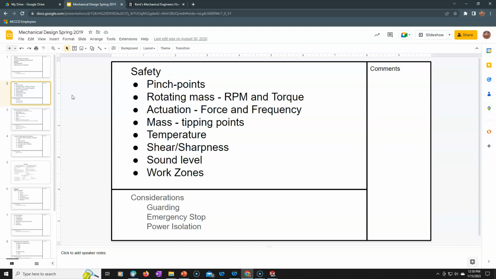We have force and frequency, the mass, tipping points. You do not want a high center of mass, so one of the engineering tools that we'll look at in SolidWorks for our measurements is to see where that center of mass is.